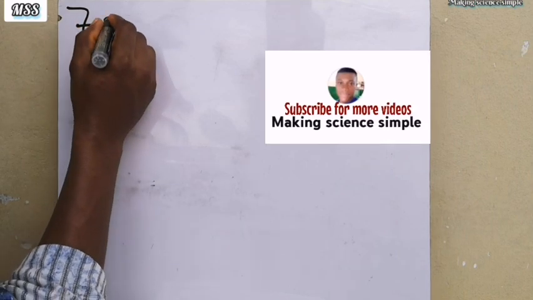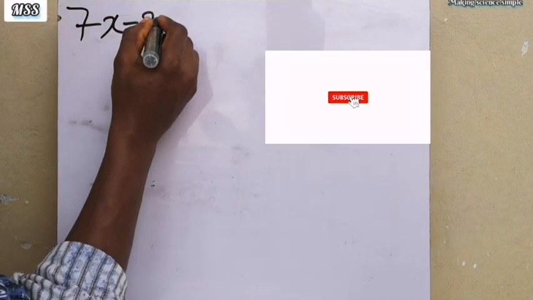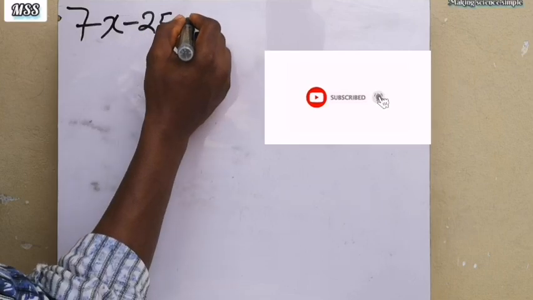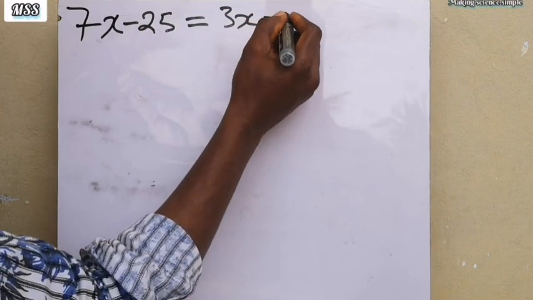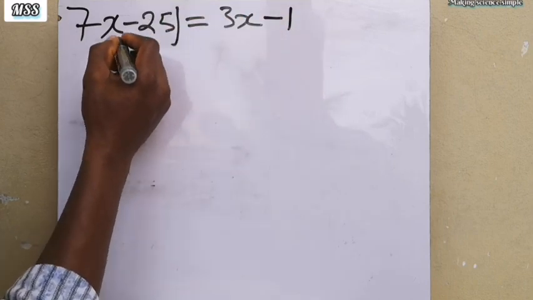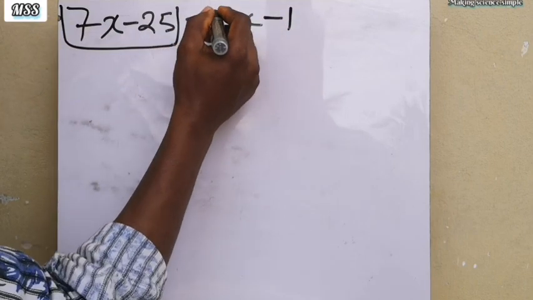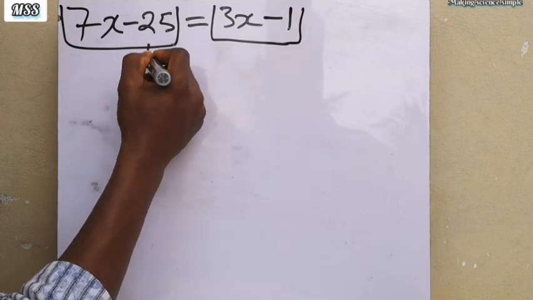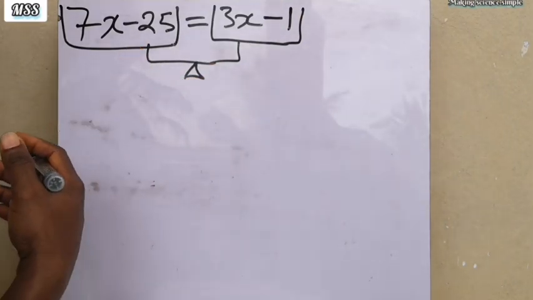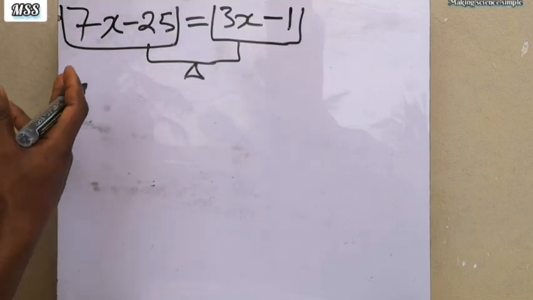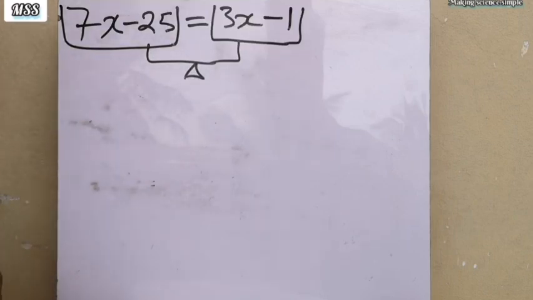Now the next we have is 7x minus 25 is equal to 3x minus 1, and they are actually in a balanced scale. Okay, you can go ahead and see if you can solve the equation using the balance method by yourself.